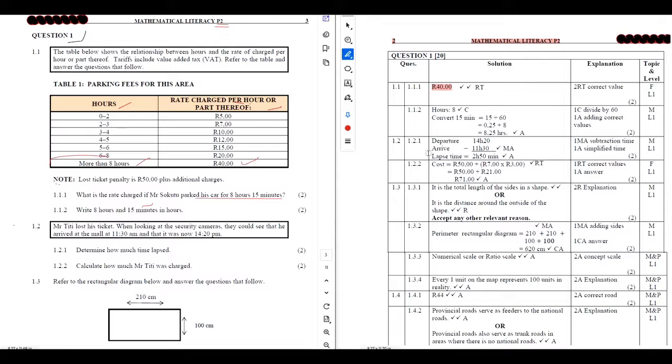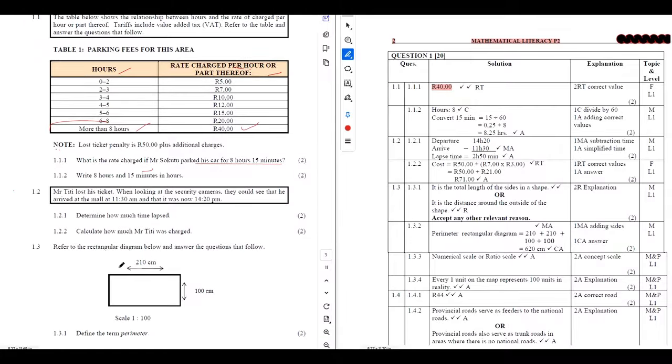So this is how you should practice this question paper, as it will help you in your exams. So you should check the question and then check how it is answered.